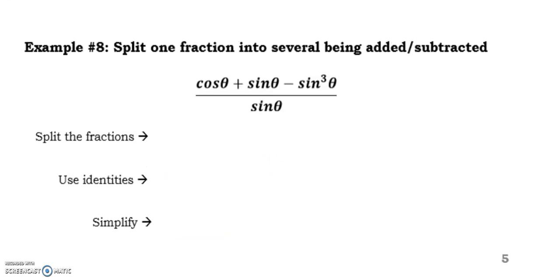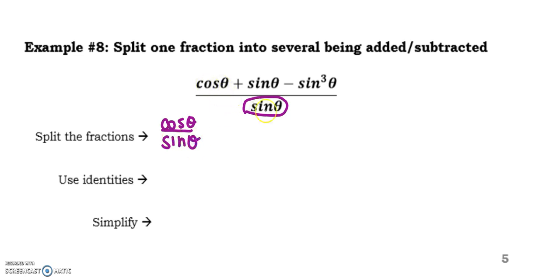All right, number 8, split one fraction into several being added or subtracted. So you'll notice that we have a monomial, a single term in the denominator here. And having one single thing in the denominator without addition or subtraction, it's okay if you've got multiplication, but no addition or subtraction, means that I can split this up into a bunch of different fractions that would have been added together.